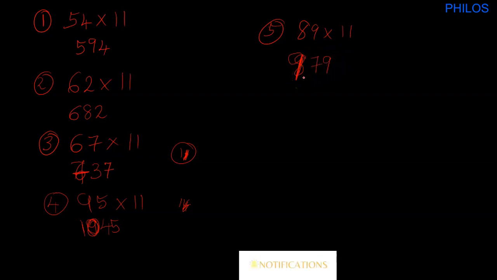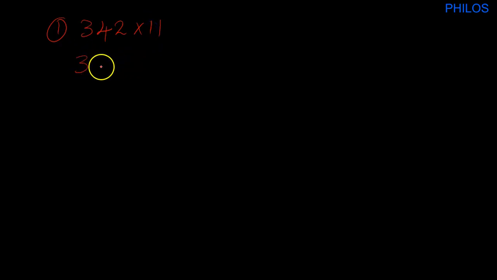So let's go to the second one, which is how to multiply 3-digit number by 11. So example 1. Let's say 342 times 11. To do this, you write the first digit, which is 3, leave 2 spaces, and then write the last digit, which is 2.